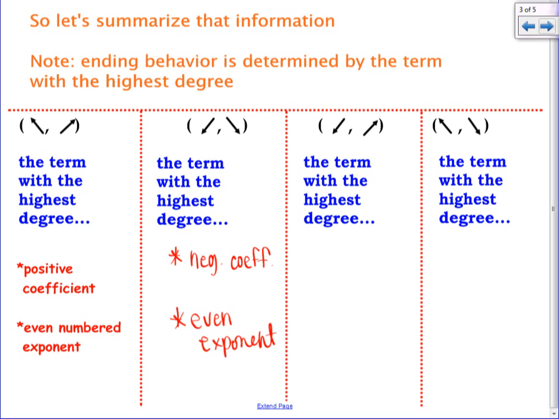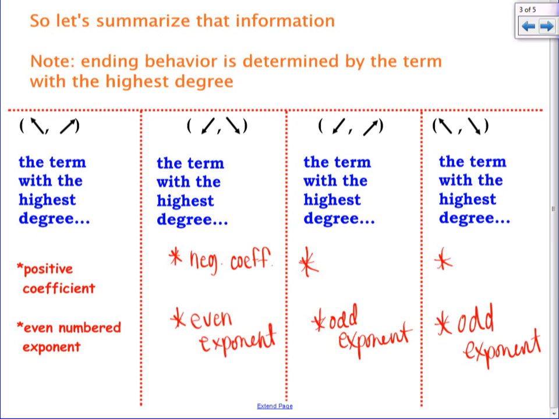Okay, now these ones are pointing in opposite directions, these two columns. So what do we know about the exponent for these two? Yes, these ones are going to be the odd ones. Okay, what about the coefficients? What's this one going to be? Think about the slope of this line right here.